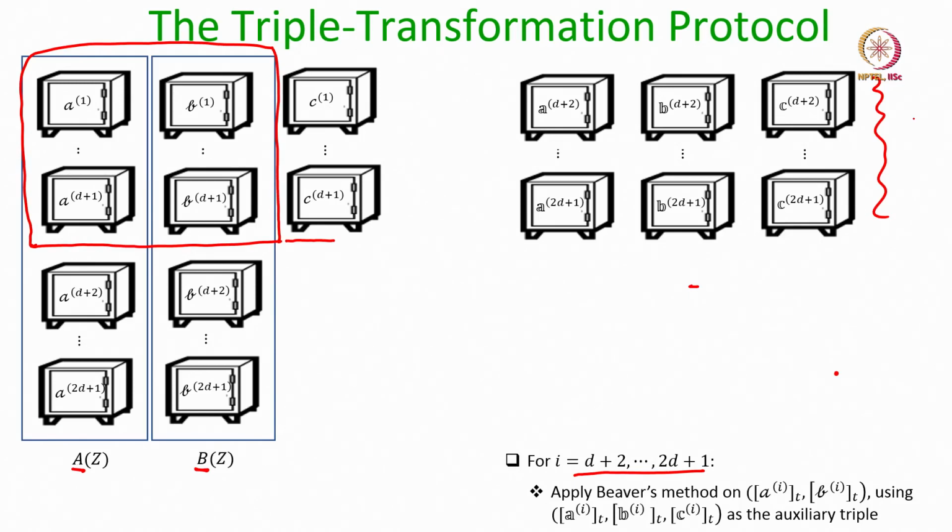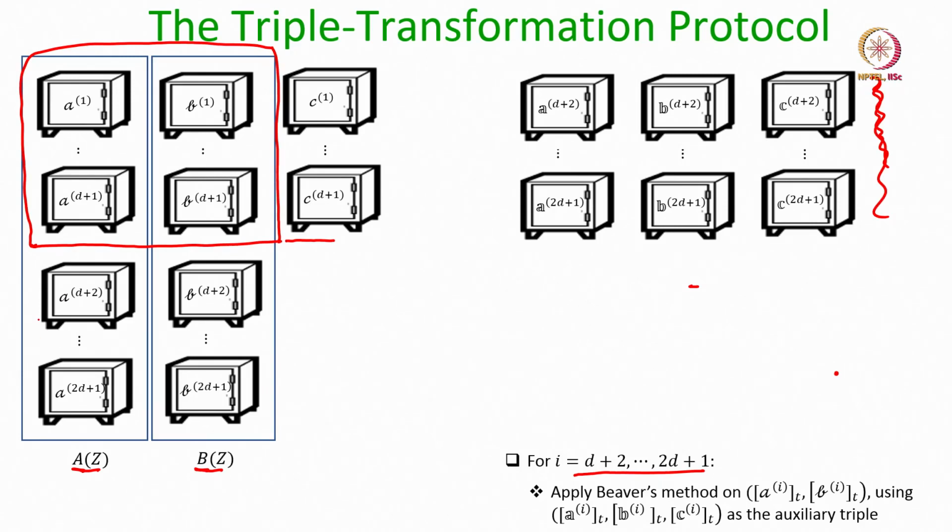Remember, throughout this process of defining the A polynomial and B polynomial, we have not touched the last d number of input secret shared triplets. We are now going to utilize them for computing the remaining points on my C polynomial.